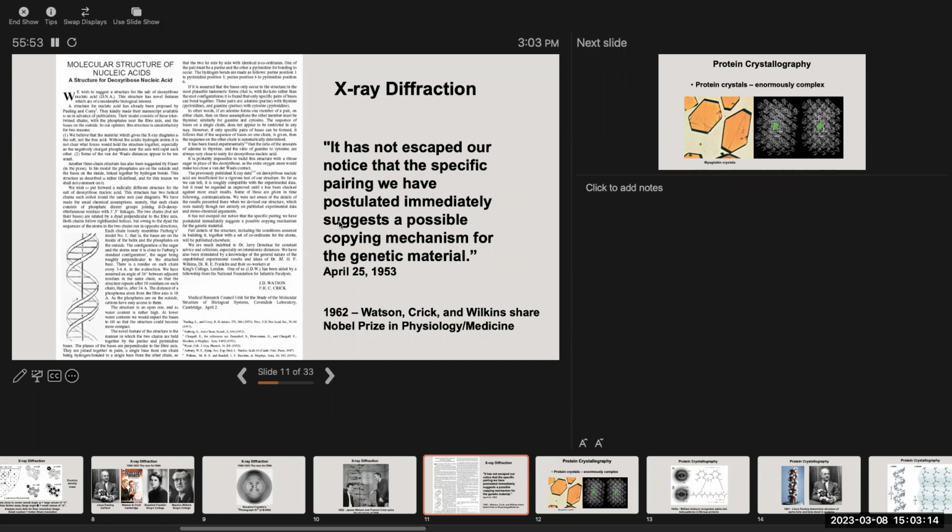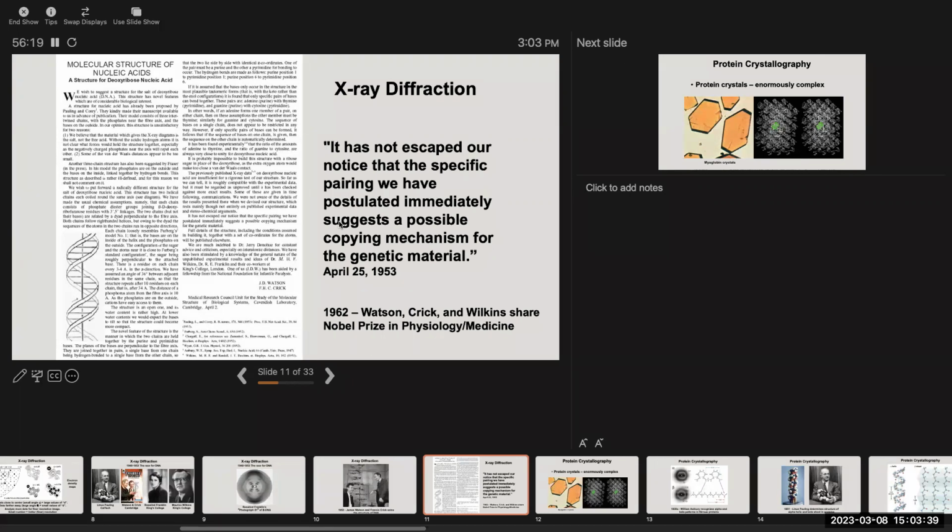So they recognized even then, as soon as they built this model, that one strand of the DNA double helix could act as a template for the production of another strand of DNA by simply matching up the adenines to the thymines and the guanines to the cytosines. And the other strand simultaneously could also act as a template for replicating the DNA. So they recognized that immediately when they saw that picture.